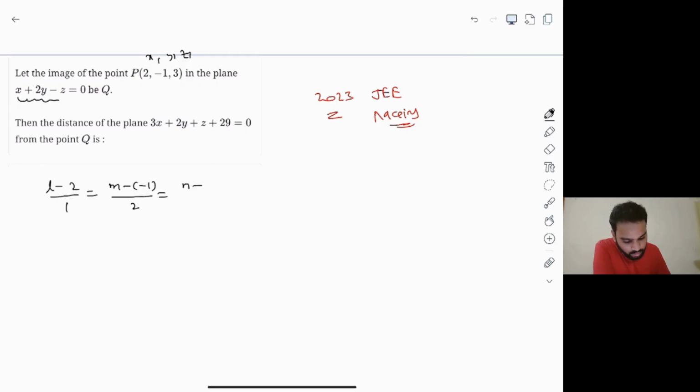And then n minus of 3 divided by c value is minus 1, which should be equals to minus 2 times of, this is image formula, right? So minus 2 times of, this will be 2 plus 2 into minus 1 minus of 3, that is putting the point in the plane left hand side, divided by a square plus b square plus c square, which is 1 plus 4 plus 1.